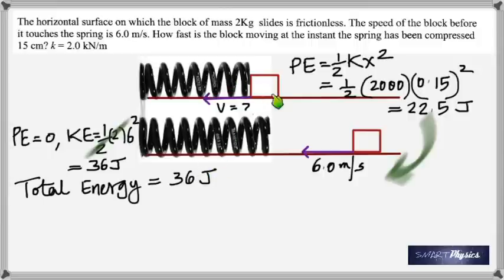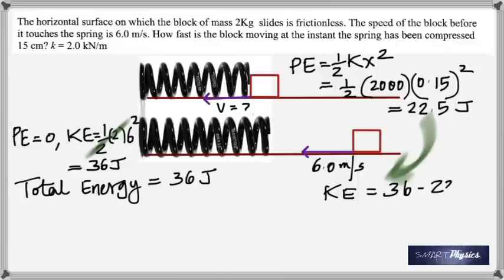Now that you know that the potential energy of the spring is 22.5, this means that the kinetic energy of the block should be the remaining part. That means the kinetic energy is 36 minus 22.5.